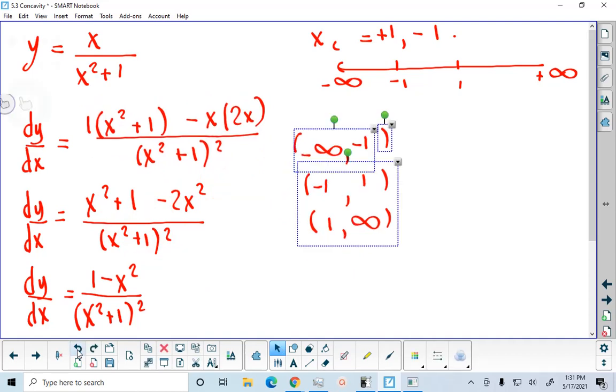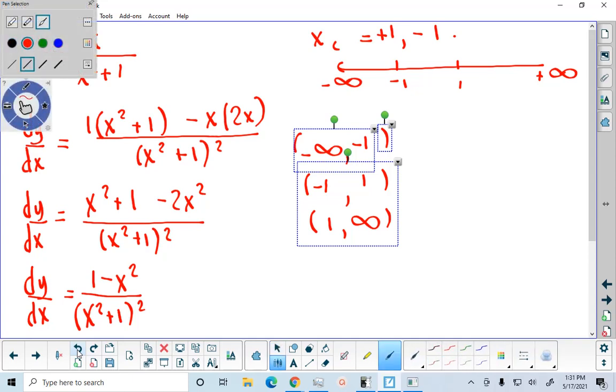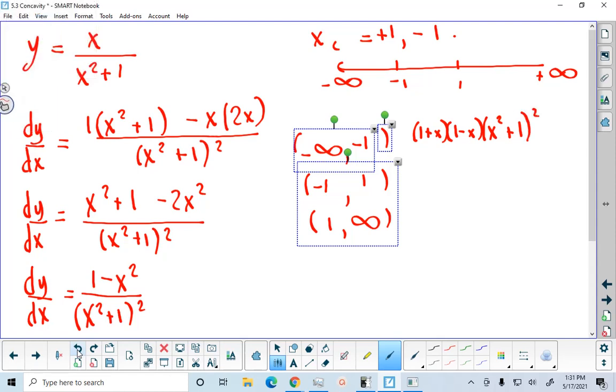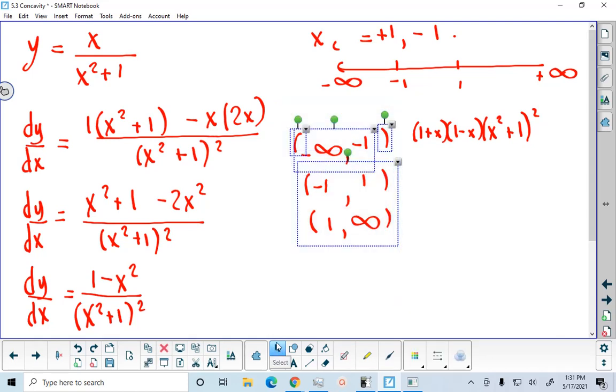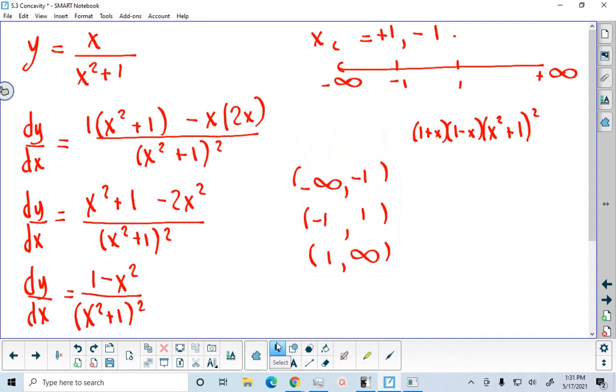Across the top, what we have is 1 plus x, 1 minus x, and then x squared plus 1 quantity squared. Be careful here because it's 1 plus x and 1 minus x as opposed to x plus 1 and x minus 1, which part of that would be different.